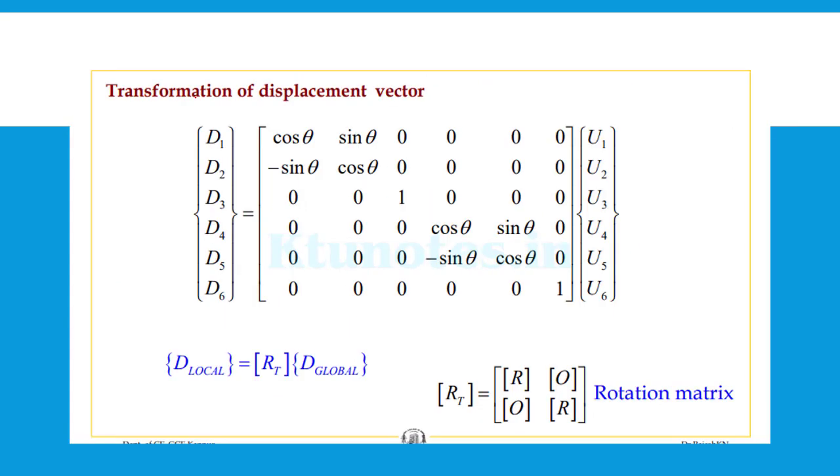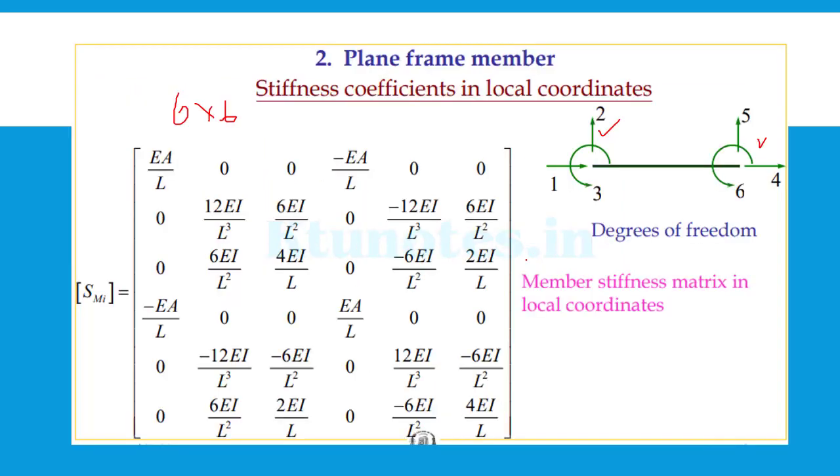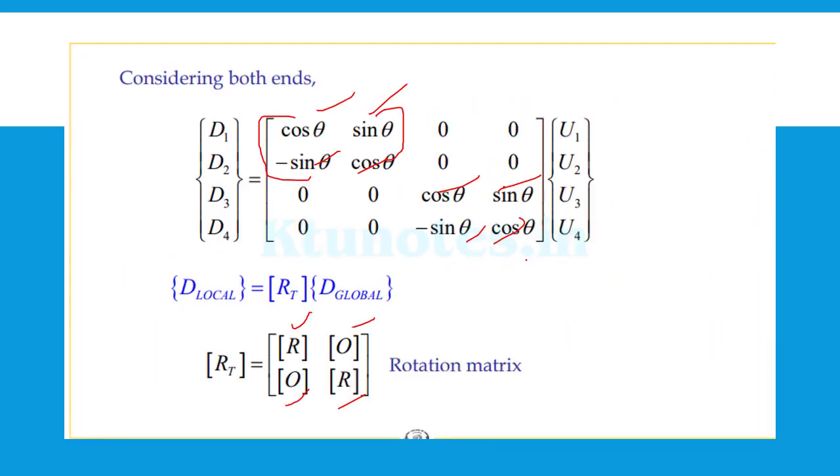And the corresponding transformation of the displacement vector will give you D local is equal to R into D global. You should note that one term is coming here, and one term is coming here, in comparison with the previous matrix.